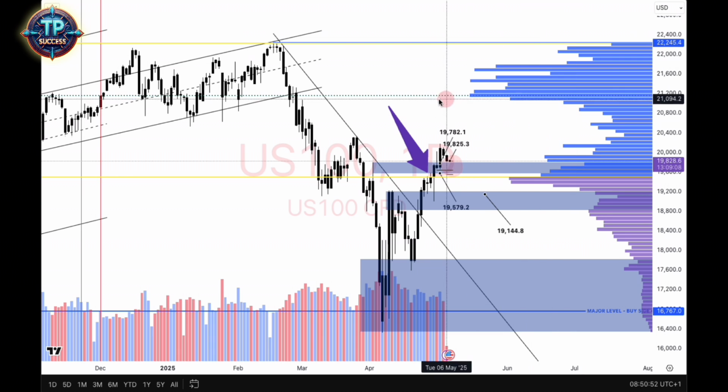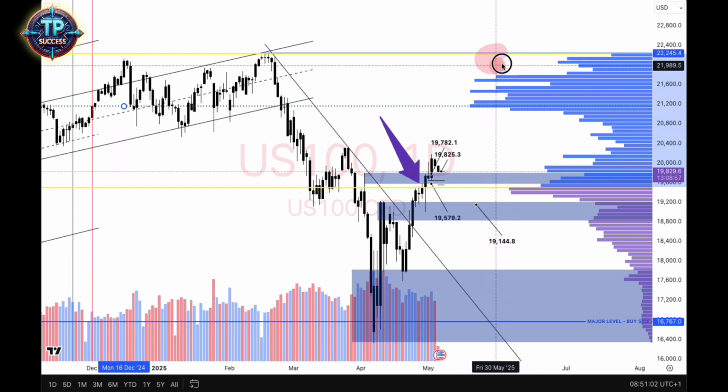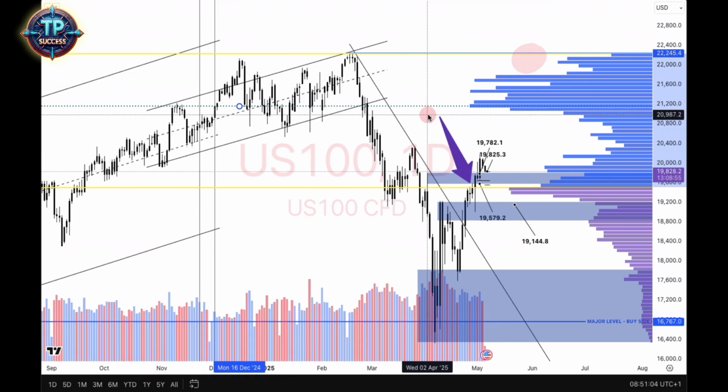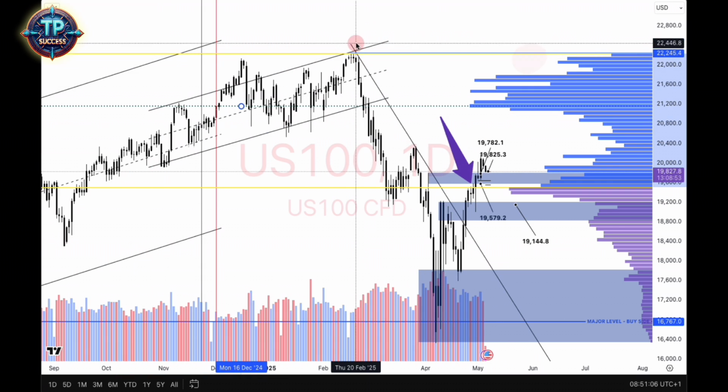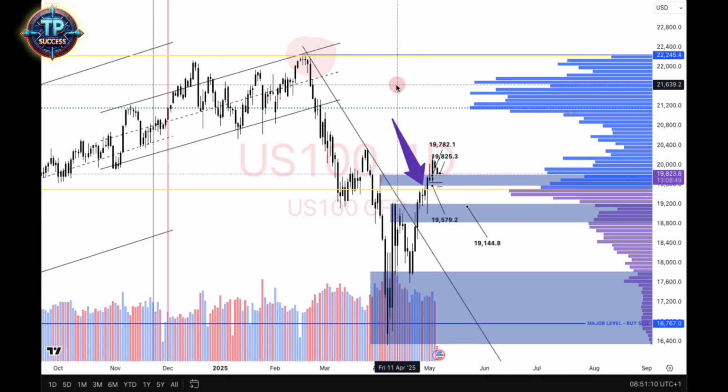We have a giant low value node area right here before it reaches point of control, which is up here. Then I believe it's going to make its way up to this level over here and take out the all-time high that we have in this location right here. I believe we're going to be seeing this in the coming days and weeks moving forward. It's not going to take long for it to get from where it is right now to where it plans on going, which is up here.